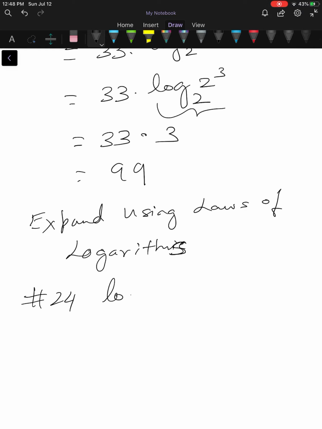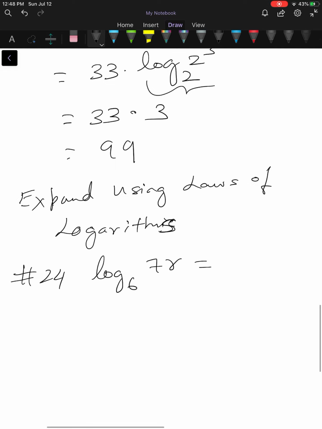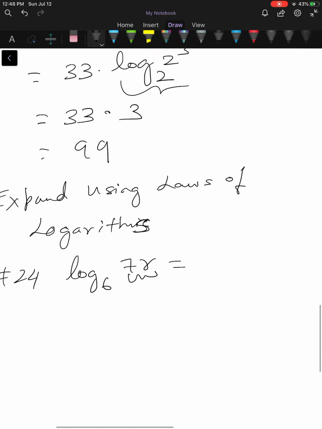Okay. So I will do problem number 24 that is in the book, that says log of 7r to the base 6, you need to expand this, okay. So you can see the number 7r is in terms of product.